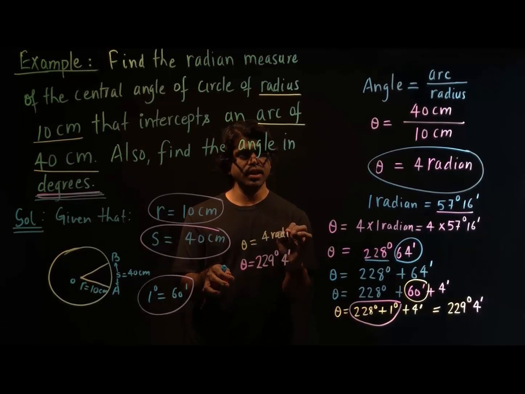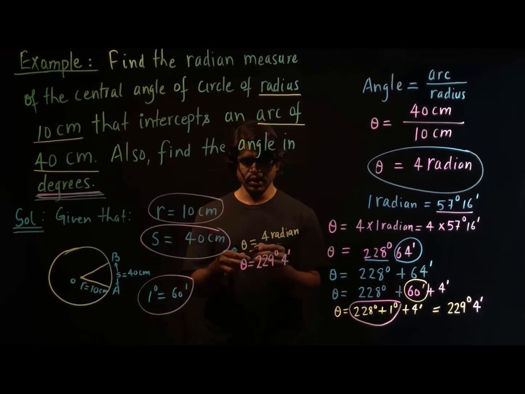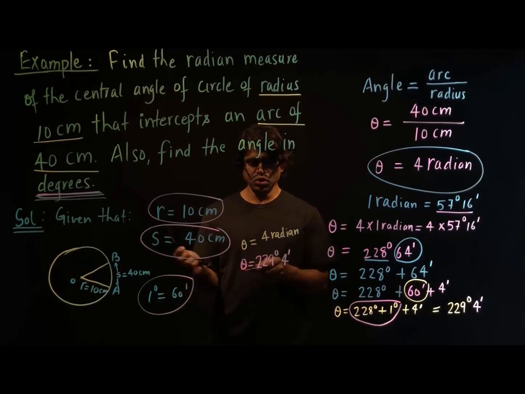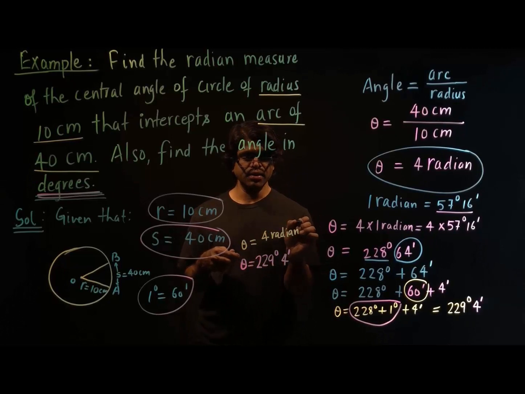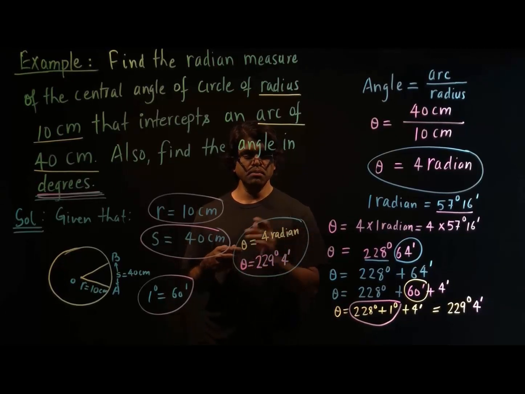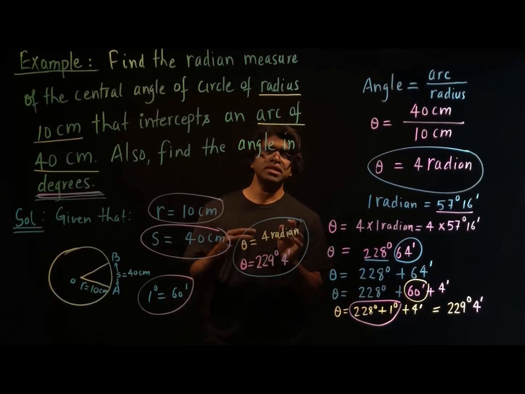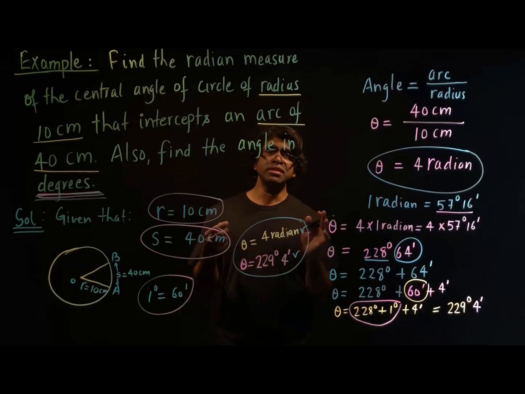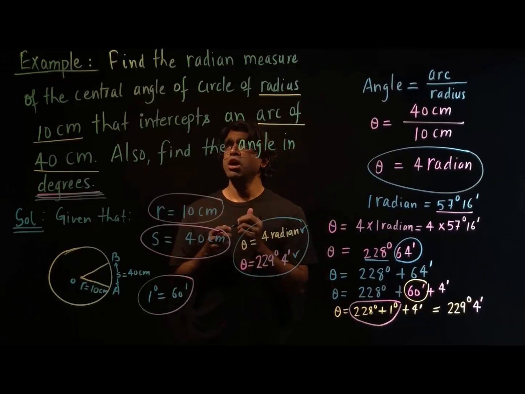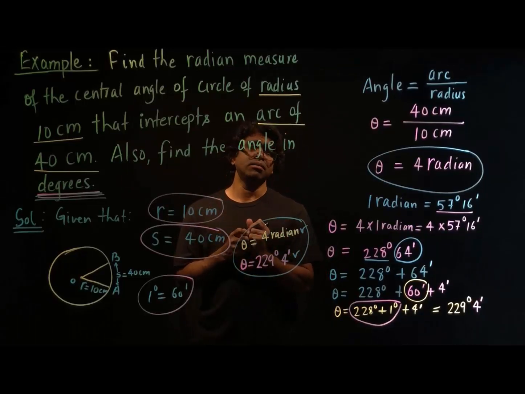So basically, if we convert the radian into degree, we will get 229 degrees and 4 minutes, which is the answer given in radian as well as in degree. And this is how we will solve a question or a problem like this.